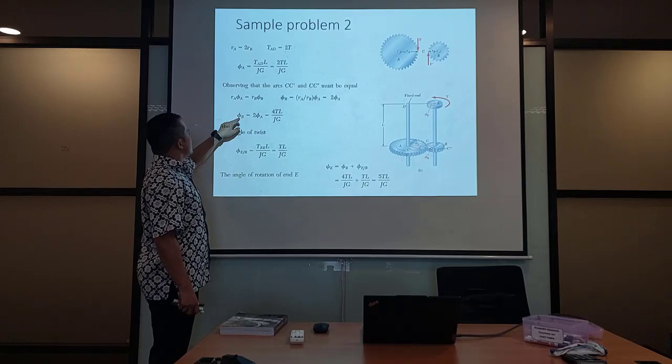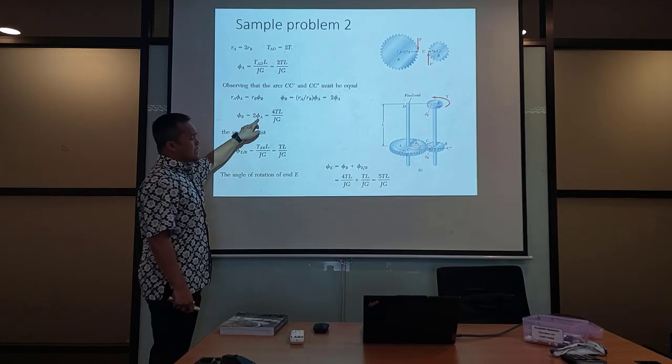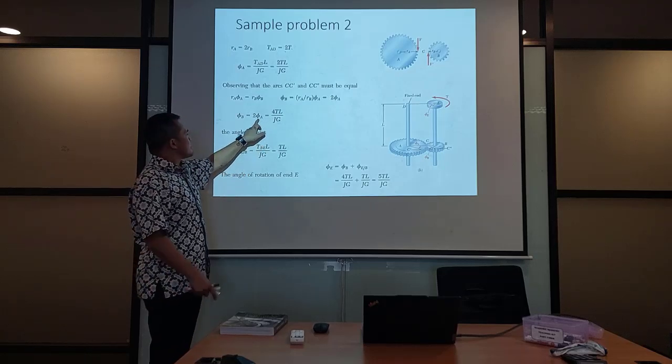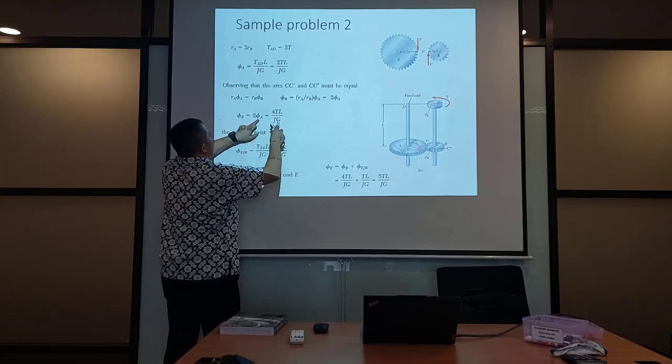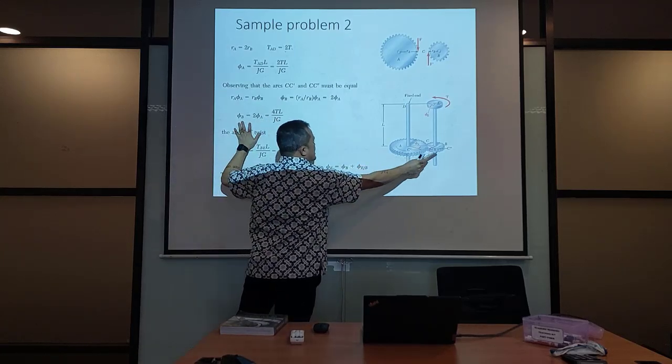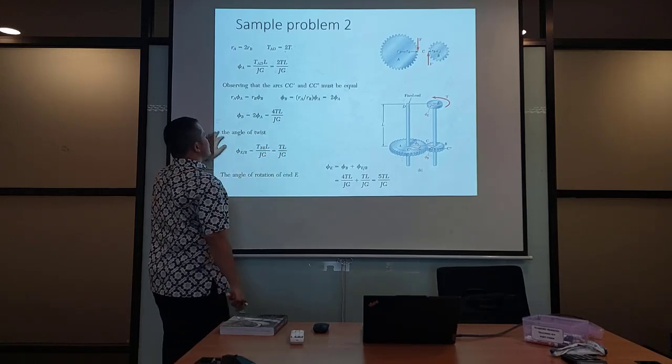We get that the twisting angle of B is twice as big as that of A. Then you can plug this equation into this. You can find that the twisting angle phi B is 4TL over JG.